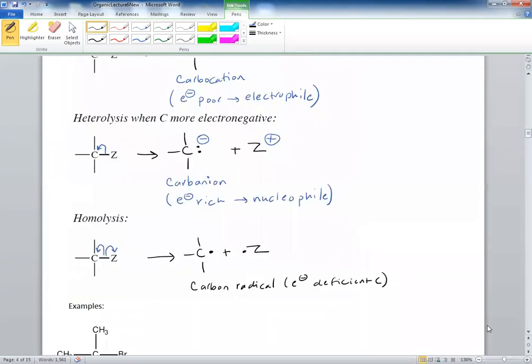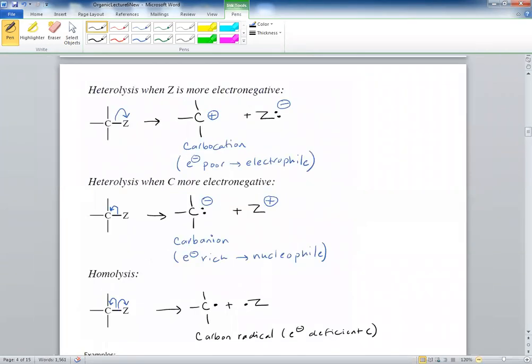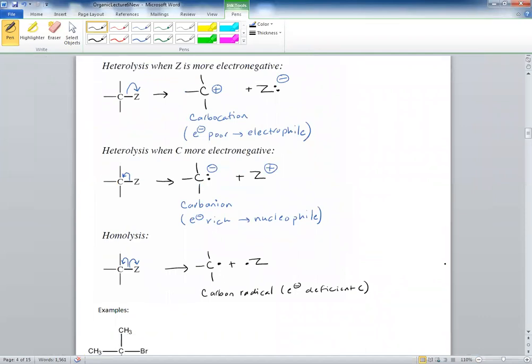Now, before we move on, these in the middle, all of these right here, these are intermediates in polar reactions, because polarity comes from the difference in electronegativities.